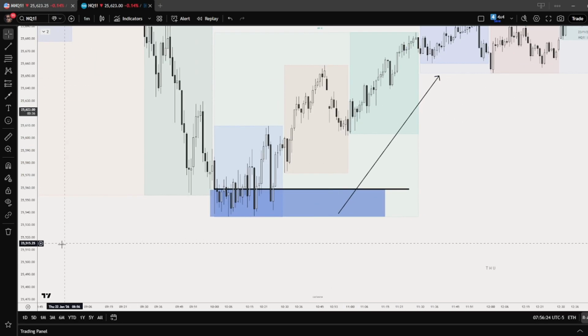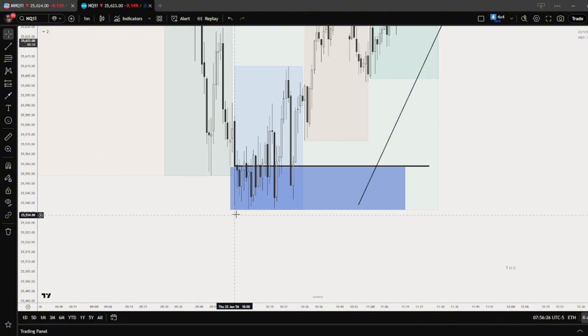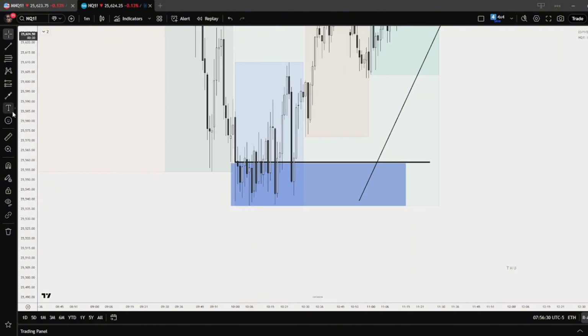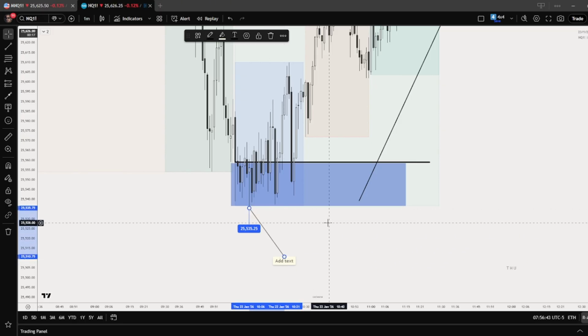Also pay close attention that price was very choppy, but it never broke that low. And why specifically that low? Take a look at the time, 10:06. So it means it was IPDA minutes.